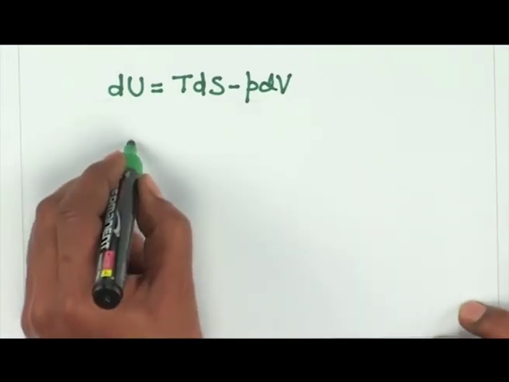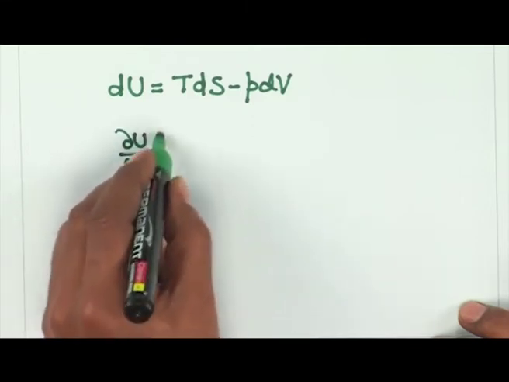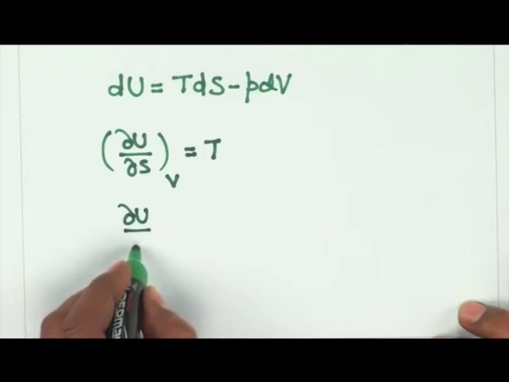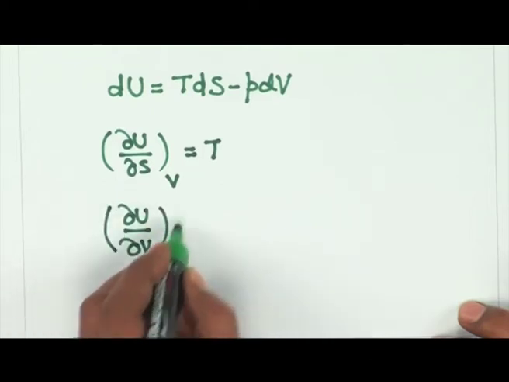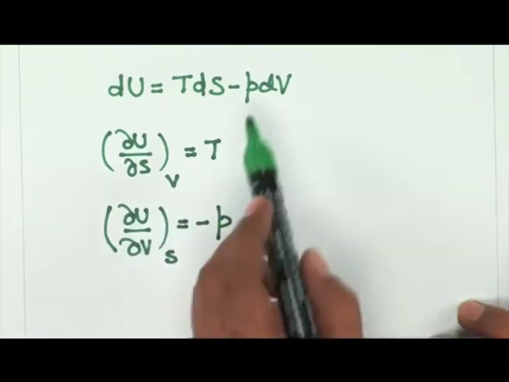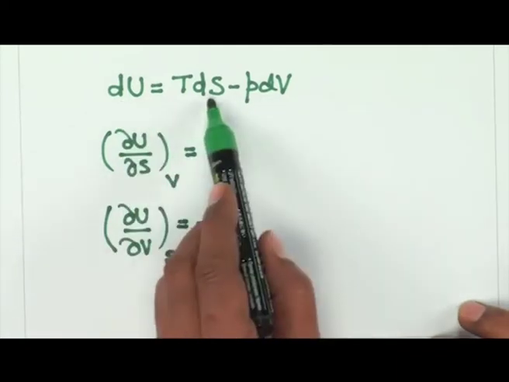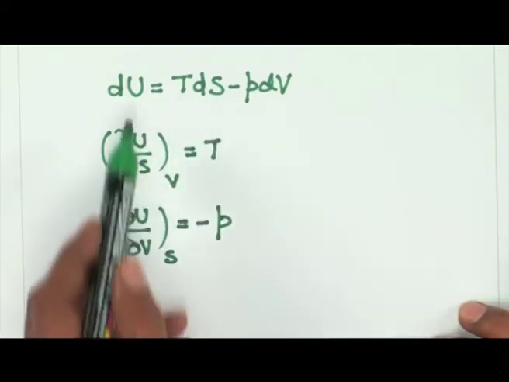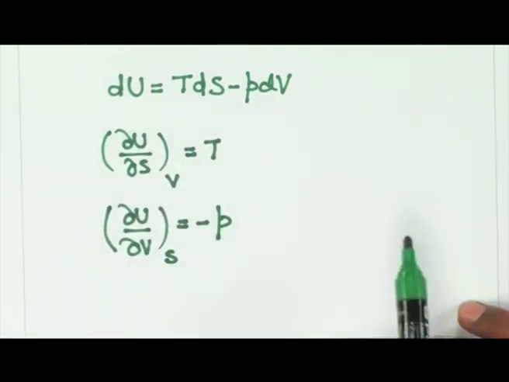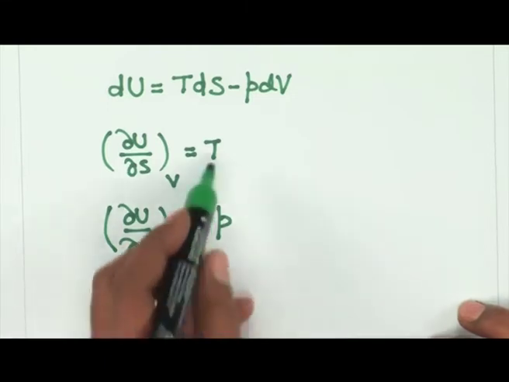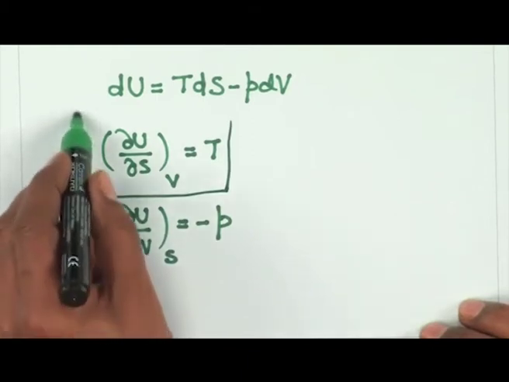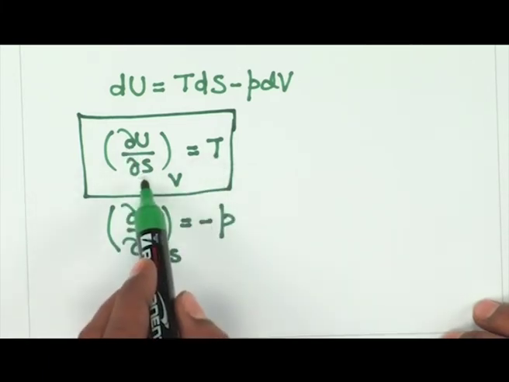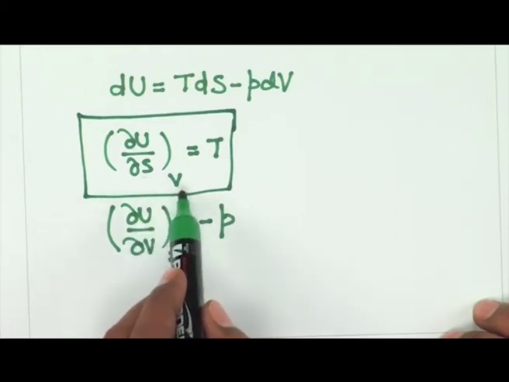From this equation I can write, ∂U/∂S at constant volume is equal to T, and ∂U/∂V at constant entropy is equal to minus P. If I fix the volume, dV is 0, so ∂U/∂S, since I am fixing volume, I have to take the partial derivative, is T. In the same way, fix the entropy, then ∂U/∂V at constant entropy is equal to minus P. Note that this is the pure thermodynamic definition of temperature, which is the change in internal energy with respect to change in entropy at constant volume.